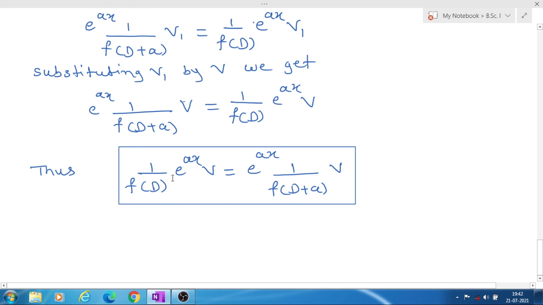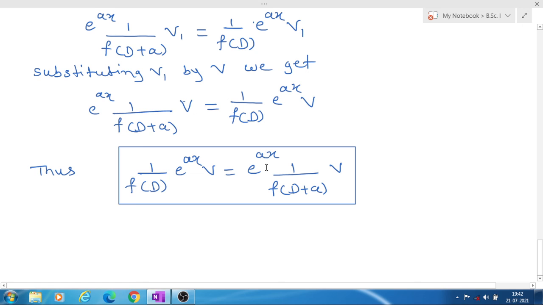See here, 1 upon f(D) e raised to ax v is equal to, first we write e raised to ax outside, and we only have to find the value of 1 upon f(D plus a). That means substitute D by D plus a.